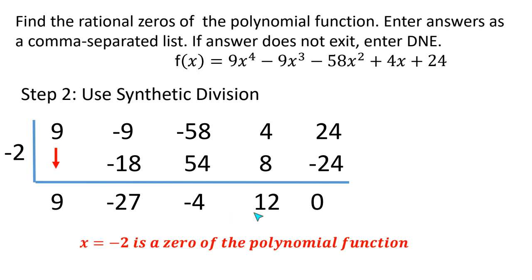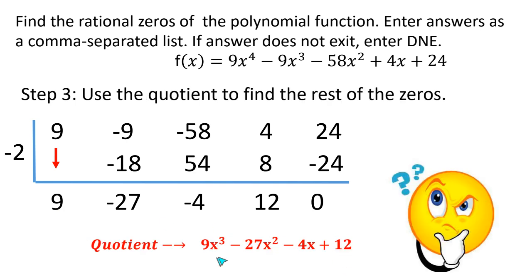So if I look at my quotient here, since I had x to the 4th, I'm going to start with x cubed. So now we're going to get 9x cubed minus 27x squared minus 4x plus 12. So usually at this point, we were able to use the quadratic formula or we were able to factor.